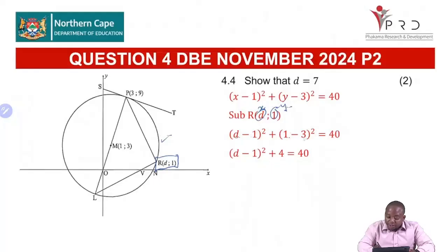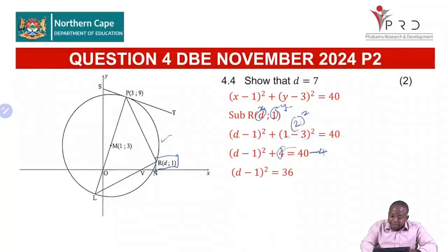Then 1 minus 3, which is negative 2. Negative 2 squared is going to give us 4, is equal to 40. Then you can now apply the additive inverse of 4. Then we're going to have 36. So d minus 1 all squared equals 36.